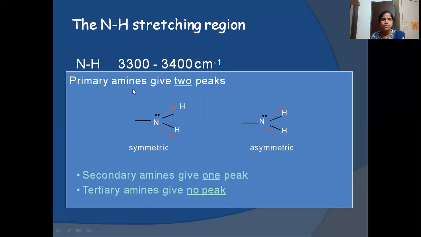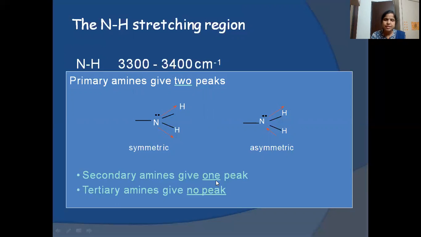This is a very important point to remember, because IR can distinguish primary, secondary and tertiary amines. Primary amines will give 2 bands in the region from 3300 to 3400. If there are 2 bands in that region, it might be due to a primary amine.